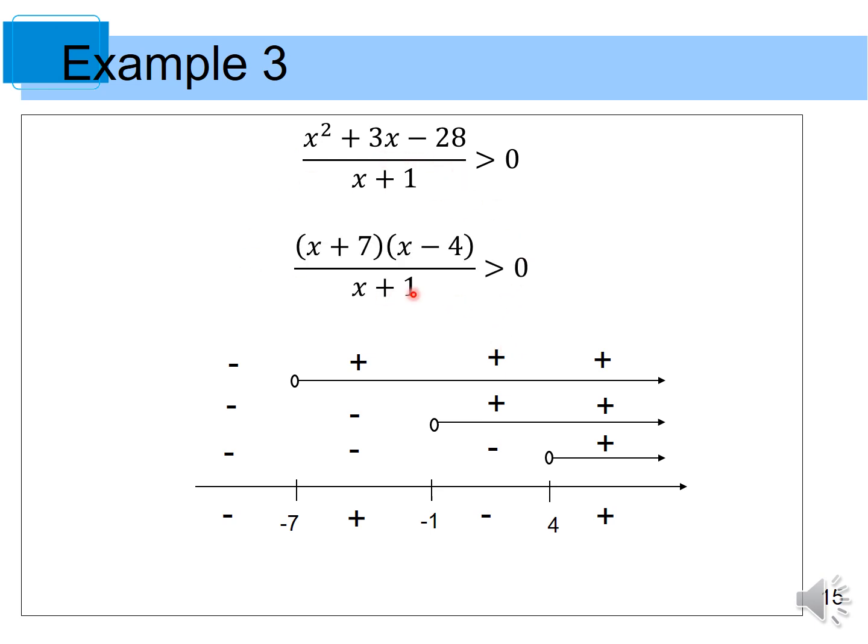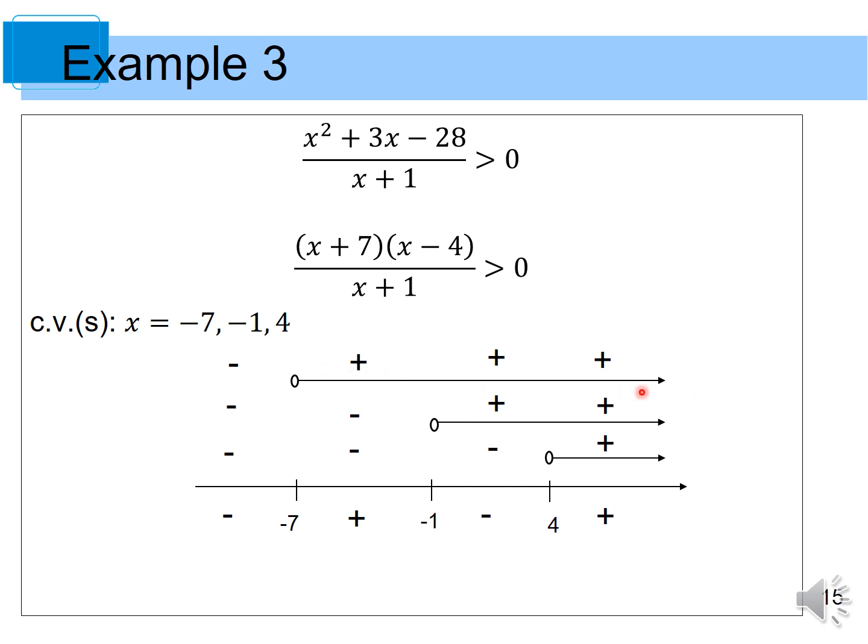After we factorize, the rational function is in factor form, which enables us to get the critical values. Since we have three factors, we have three critical values: -7, -1, and 4. And again, refer to the inequality sign. The sign is greater than 0, so the line should go towards the right.